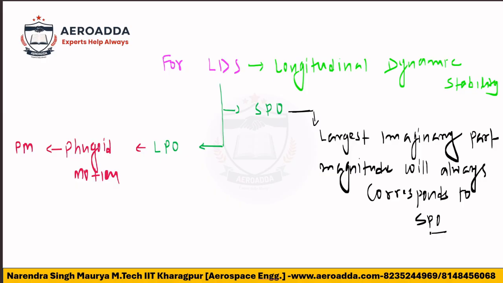There will be a real part and an imaginary part. That imaginary part, the largest, will give the SPO, the short period oscillation. Why it is, I will explain.